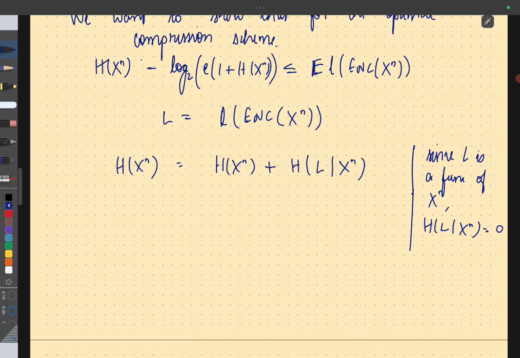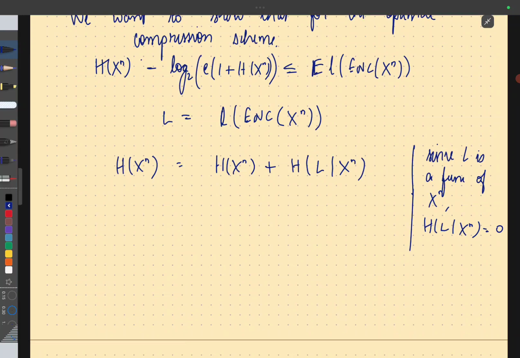You would see which row of the lookup table this X^n corresponds to, and that gives you the encoding. The lookup table is given to everybody. So if you know X^n and the lookup table, then you know the encoding, and therefore you know the length of the encoding, which is exactly the random variable L. Right? So given X^n, there is no more uncertainty left in L. So L is deterministic given X^n. That's why H of L given X^n is equal to 0.